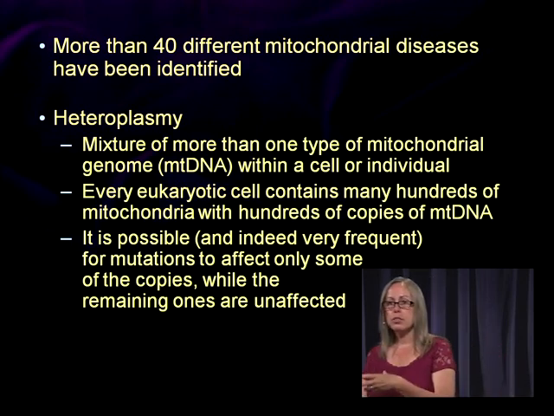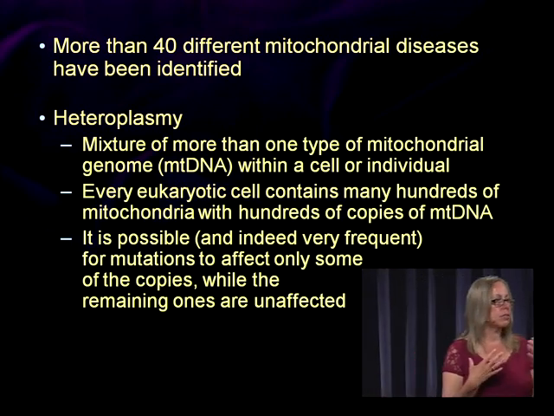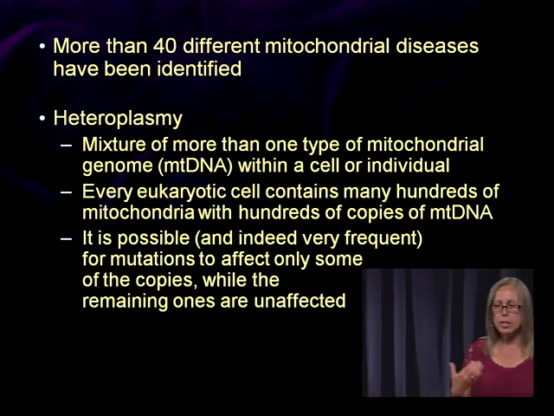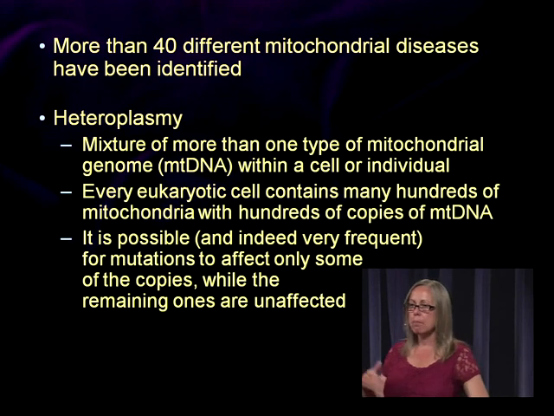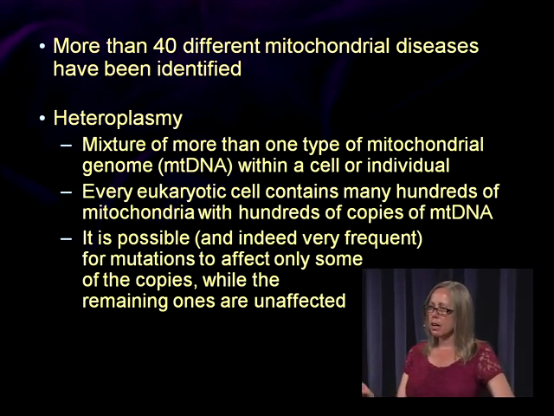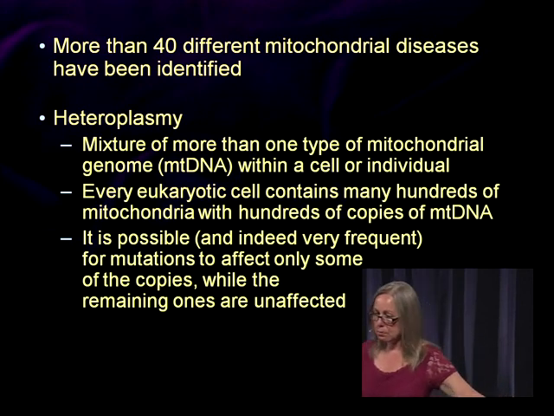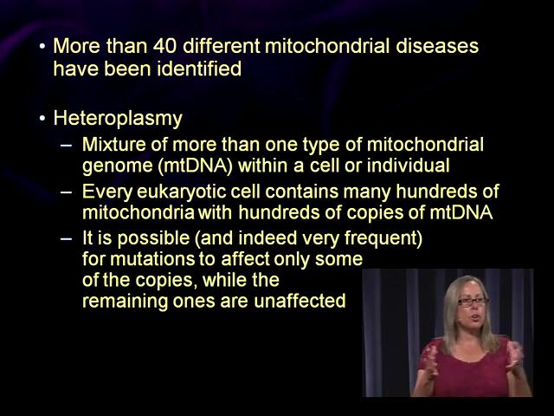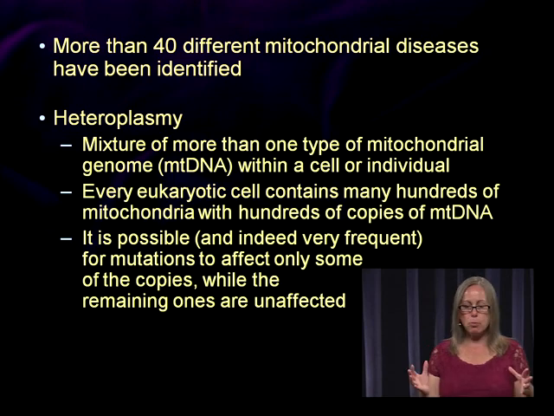Different cells in different places in your body may have different composites of mutated mitochondria and not. So whenever you take a blood sample looking for mitochondrial mutations in that little circular DNA, it may or may not be representative of what's going on in the whole body. And so this is the issue of heteroplasmy, that there's this whole other population of mitochondria in our body that may not be homogeneous.